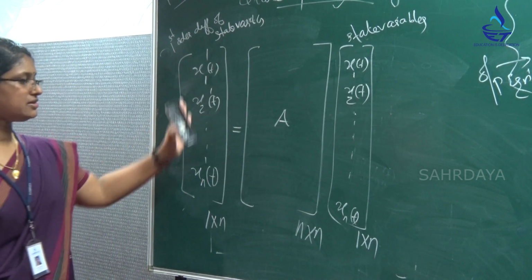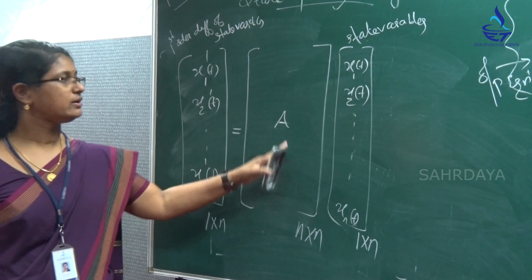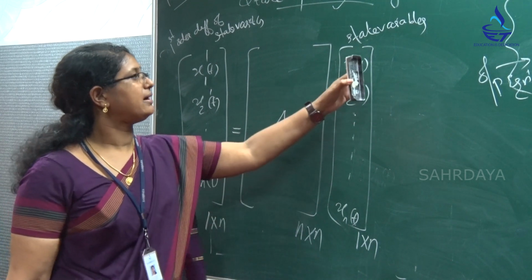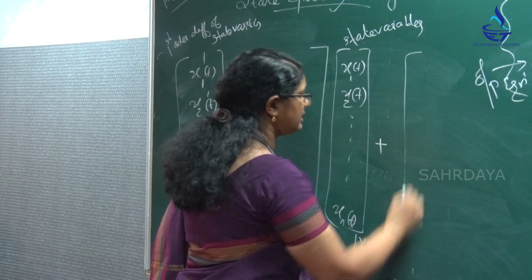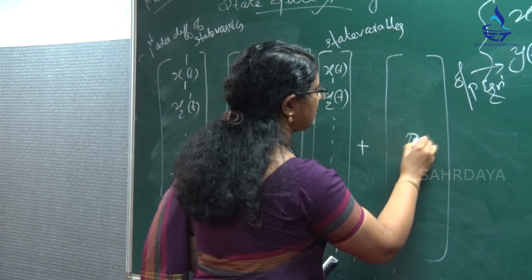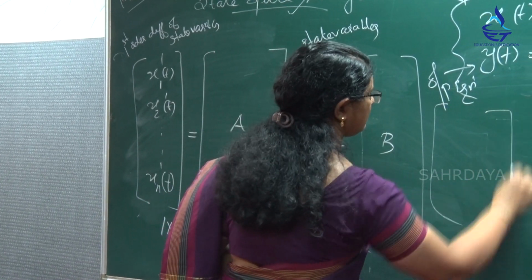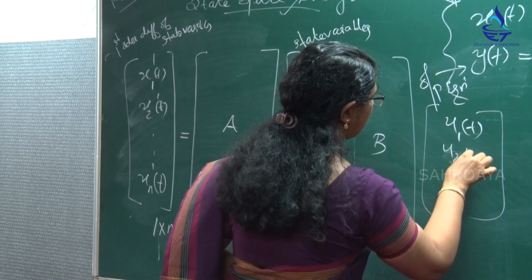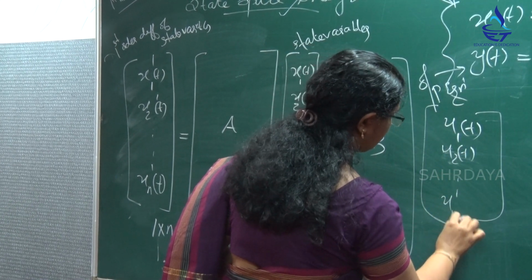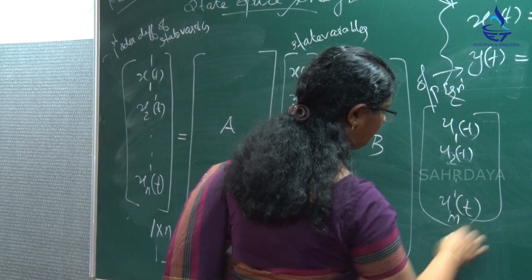So the first order differentials of the state variables equal to a matrix A multiplied by the state variables in their original form plus the matrix B multiplied by our inputs, let u1 of t, u2 of t, etc. up to, let there be m inputs, um of t.